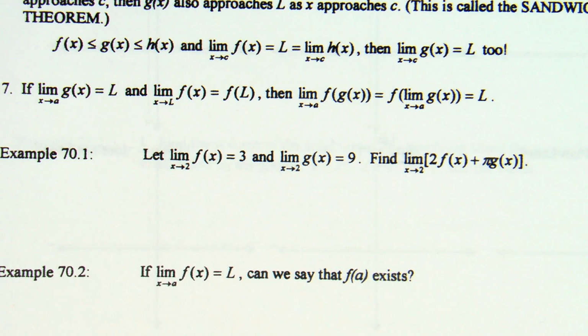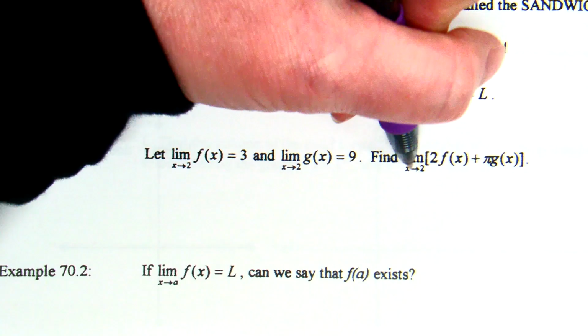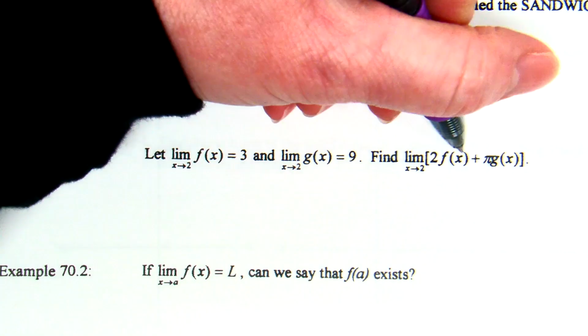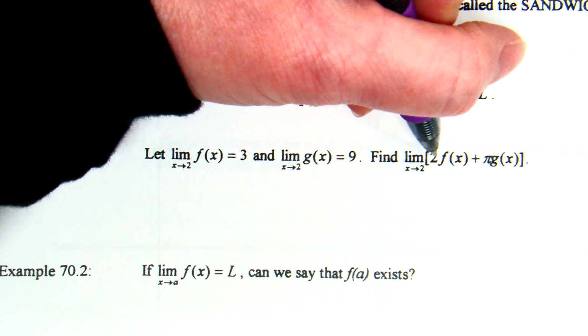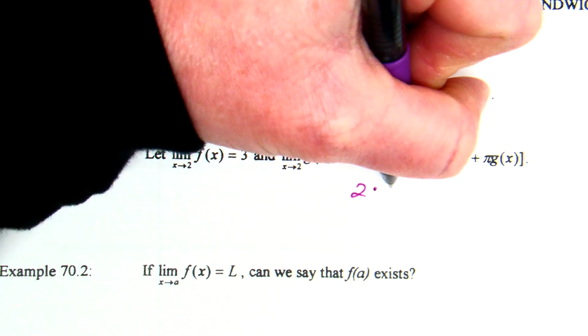Because this is addition, you can separate it into 2 limits. The first limit is the limit as x approaches 2 of 2 f of x. This 2 is a constant, so it can be moved out front.